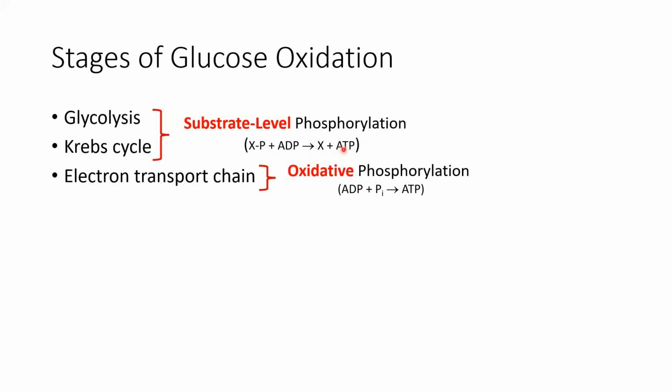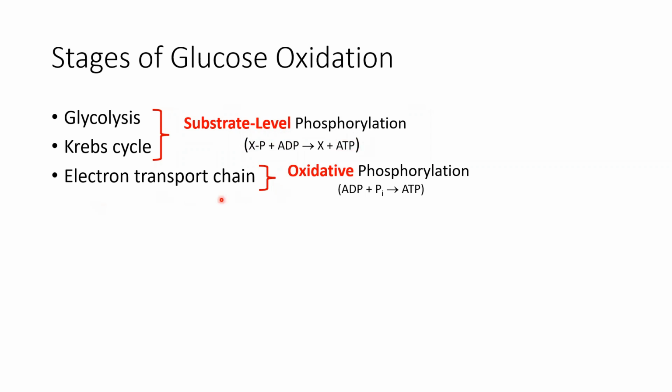So the analogy that we gave earlier was if you were to borrow a phosphate or grab a phosphate from another molecule. So in glycolysis and in the Krebs cycle, ATP is made, right? Phosphorylation of ADP happens via substrate level phosphorylation, where phosphate is taken from another molecule and added on to ADP in order to make ATP.